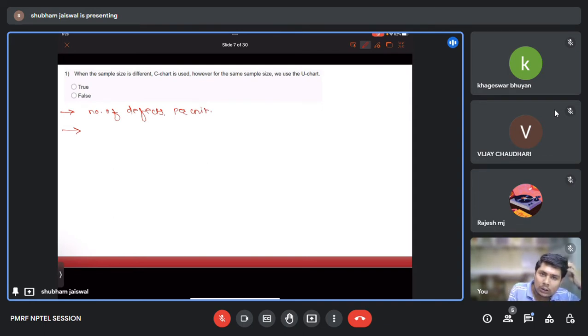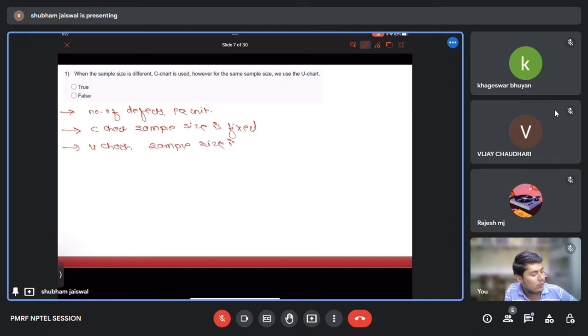When we talk about the C chart, the sample size that we are using will be fixed, or per unit. But when we are considering the U chart, the sample size is changing, or different sample sizes can be used. So this statement is definitely false.